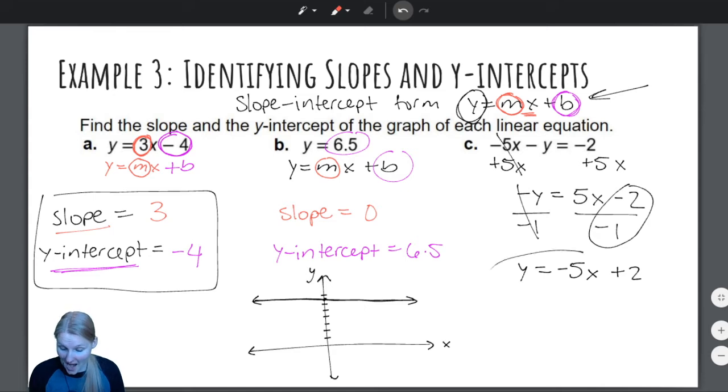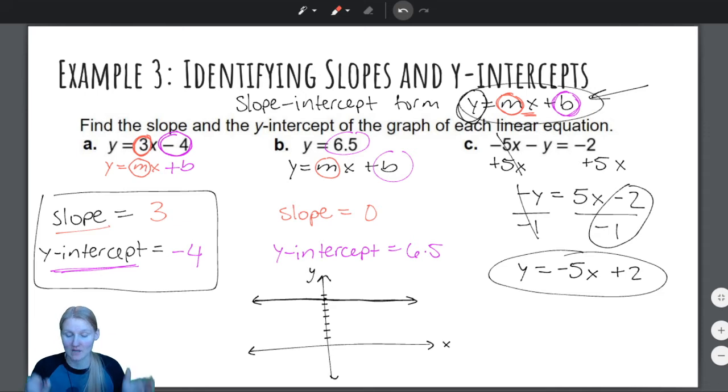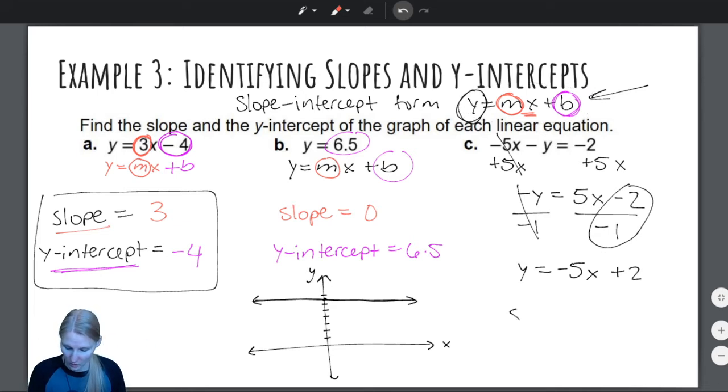Okay. Hey, look at that. Now I have positive y equals negative 5x plus 2. And that looks like y equals mx plus b. So, what is my slope? My slope is m. It is the number in front of x. So my slope is negative 5.